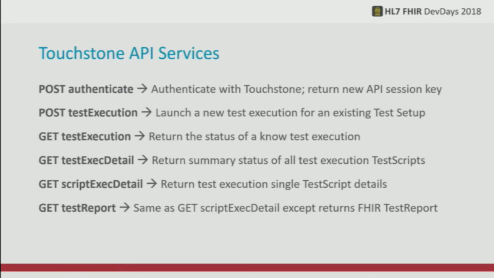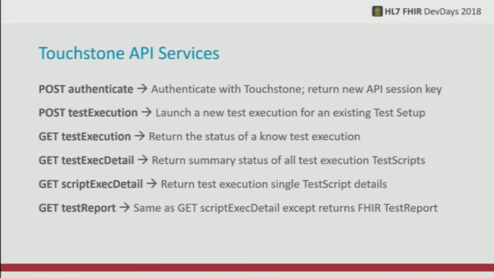The API services that are available include an authenticate process where we give you a session key, and then that session key is what you use in all the other API calls. You can execute or launch a new test execution from an existing test setup. You can get the results or the status of a known test execution at the high level, at the individual test script level, and so on.